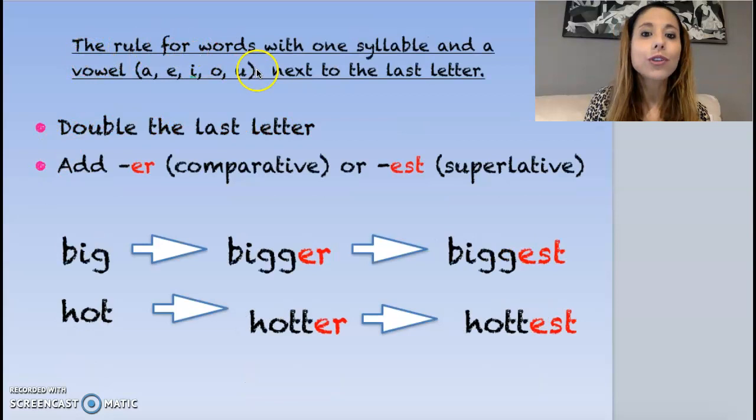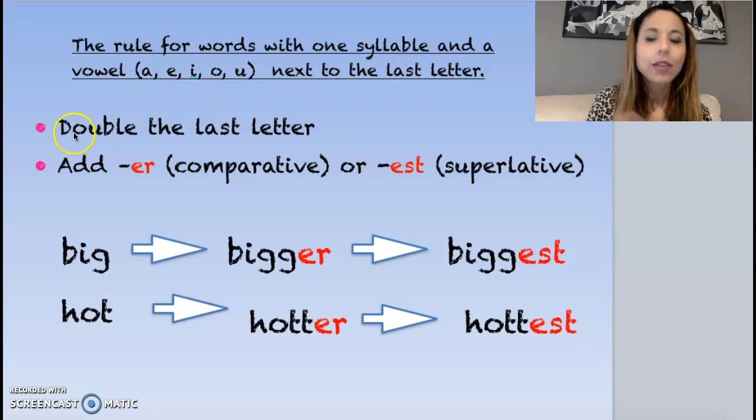So the rule for the words with one syllable, remember, one syllable, and the vowel A, E, I, O, U, next to the last letter, we need to double the last letter and then add er for the comparative or est for the superlative. So big is one syllable, big, and there is a vowel and one consonant. Okay?